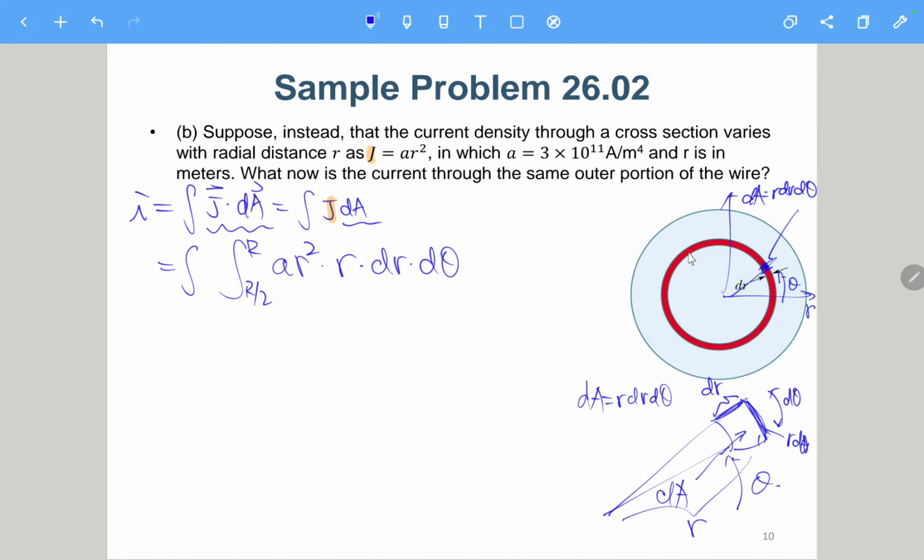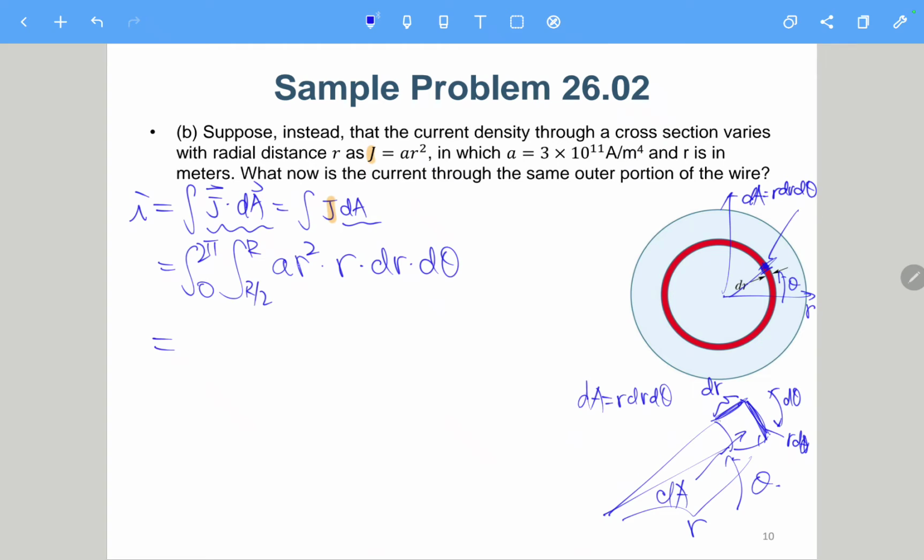And for theta, we go over the whole circle, from 0 to 2 pi for the complete ring.